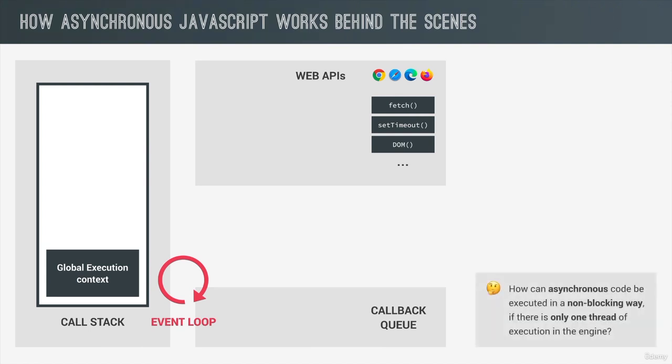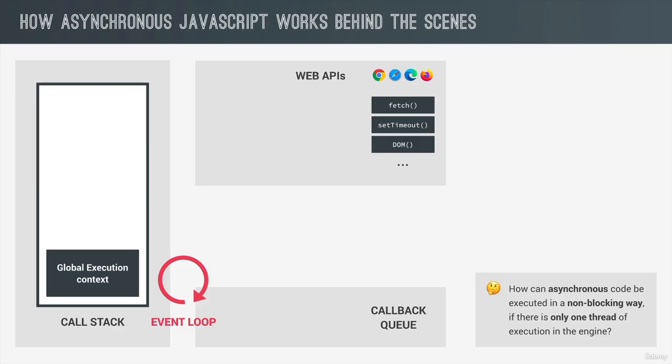But if there's only one thread of execution in the engine, then how can asynchronous code be executed in a non-blocking way? Well, that's actually the big question that we're going to answer in this video. So essentially, you will learn how the JavaScript concurrency model really works behind the scenes using all the parts of the JavaScript runtime that you already know.